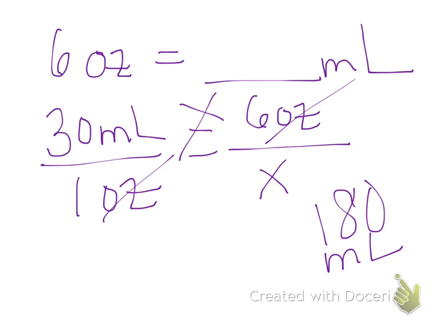So cross multiplication is, I think, the simplest way to figure out whatever it's asking for, whether it's mLs per hour, drops per minute. It's cross multiplication. You look at your minutes. If it doesn't have an hour, you need to convert. You need to do the 60 minutes in an hour.